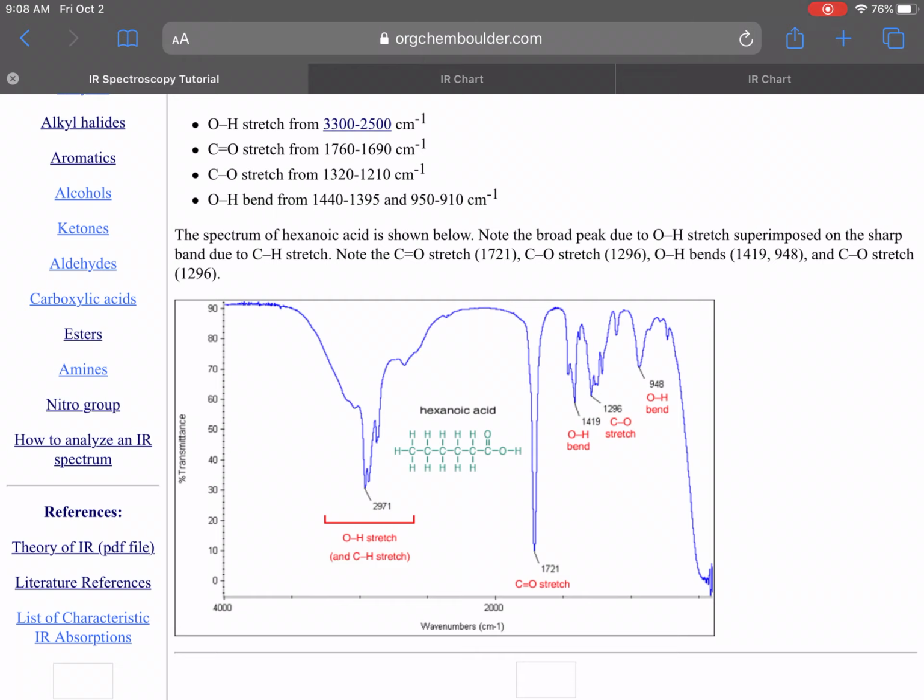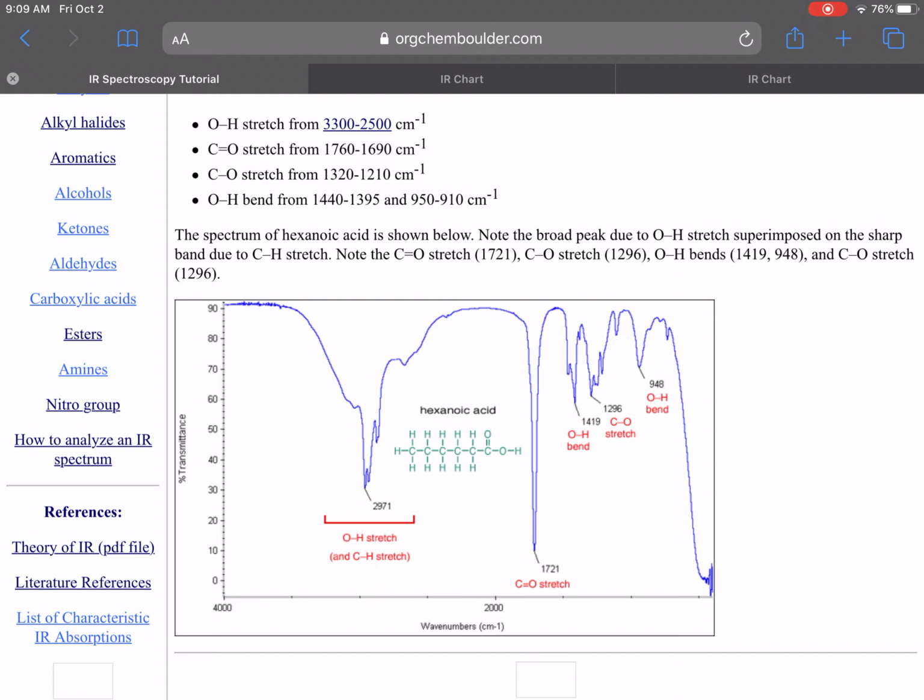If you follow it from the very left side of the axis, this flat line, you see it start to broaden at about 3,300 or so, and it's still broadening, and all of a sudden you see that curve sort of truncate and start going into those sharp peaks. That's because at that point the OH stretch is overlapping, bleeding into your sp3 CH stretching.